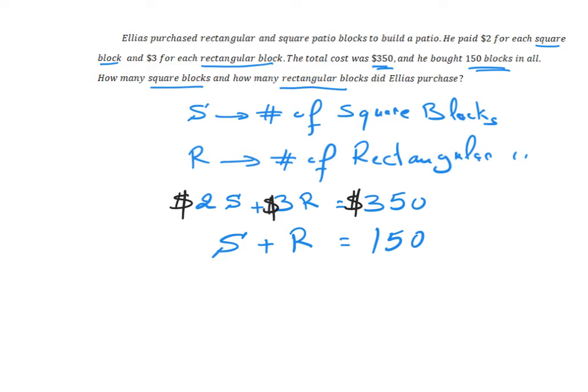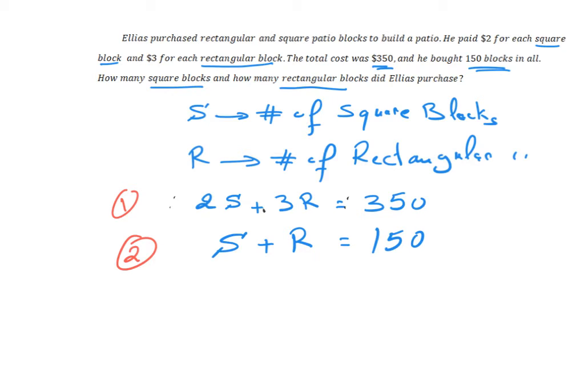So in other words, we have a system of linear equations represented by two equations here. We got equation number 1 and equation number 2, and we just need to solve for S and R. Let me remove the dollar sign here so we can work with our equations.